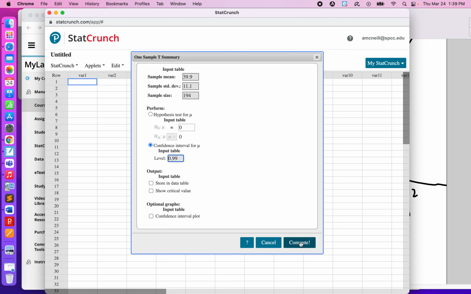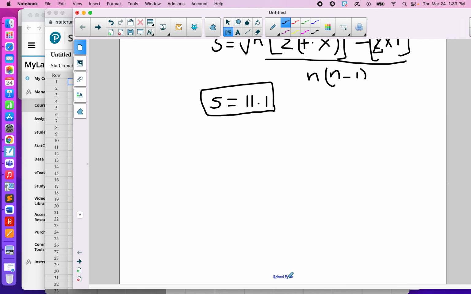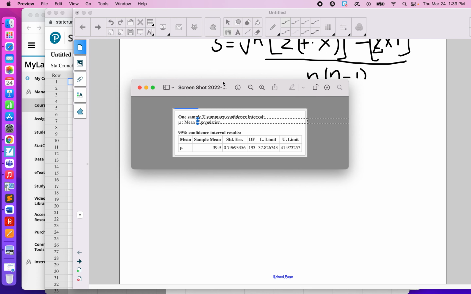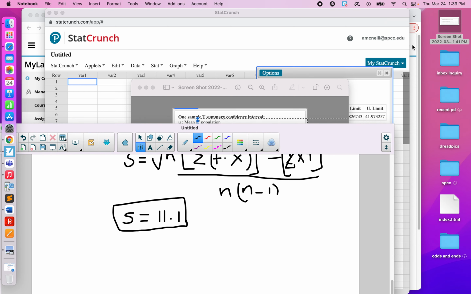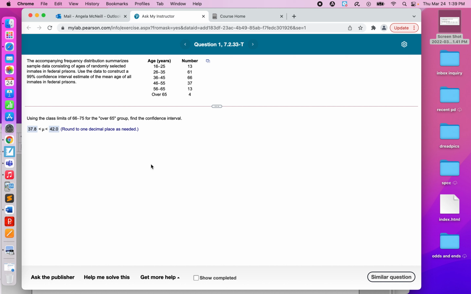Then we hit compute, and it gives us our interval, from, if I'm not mistaken, 37.8 to 41.97, and they wanted to round it to one decimal place, so it would be 42. So that is why our answer to this question is exactly what I showed you a moment ago. Good luck with that one.